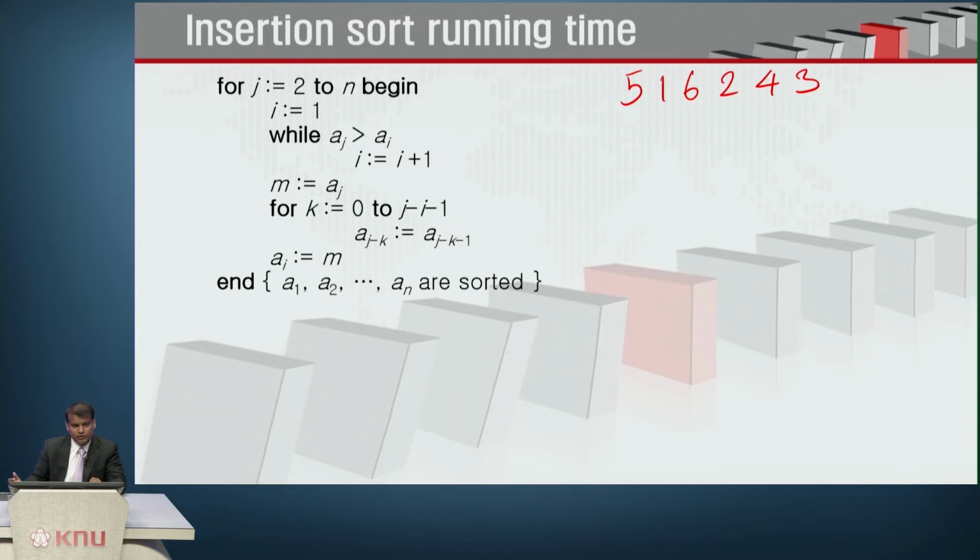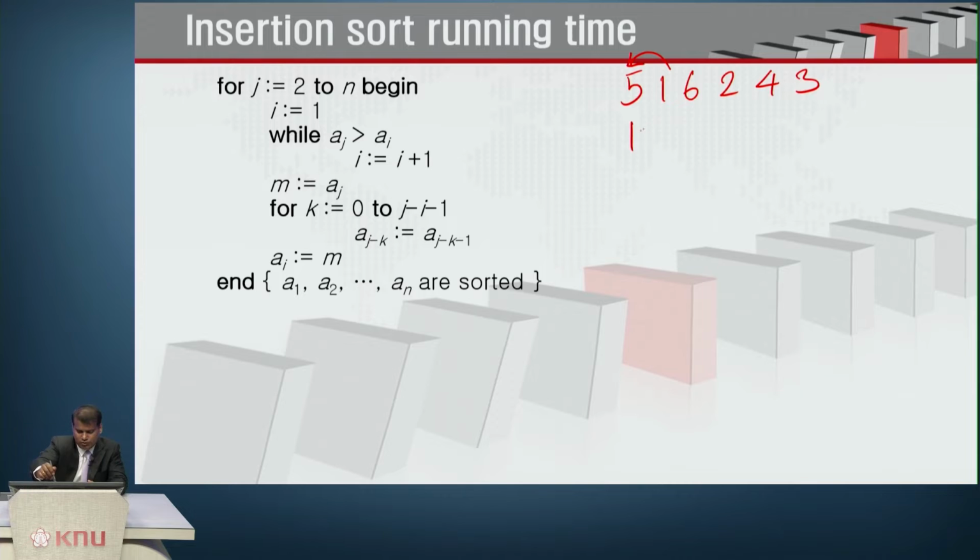So then you are going to expect there is a change. 5 has nothing before it, but after 5 you have 1. When you compare 1 with 5, you are going to insert 1 before that. So 1 is inserted before 5.